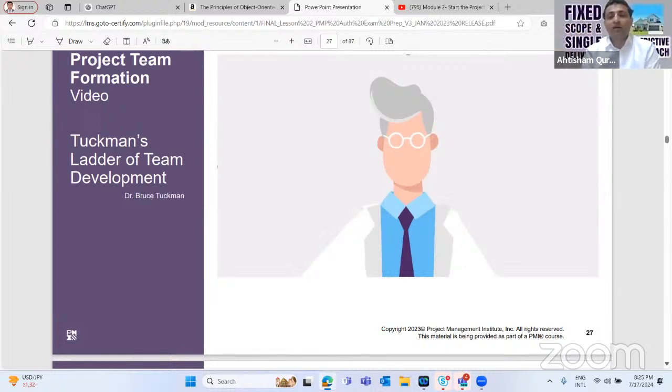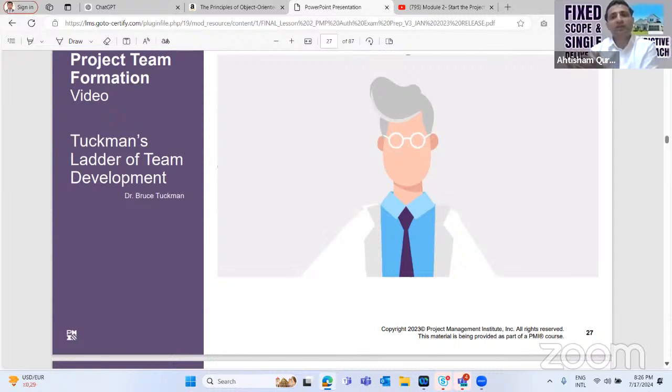He said that any team that we may see, foresee, or form will pass through these stages of development. So when you form a team, initially at the beginning, you are in the forming stage.